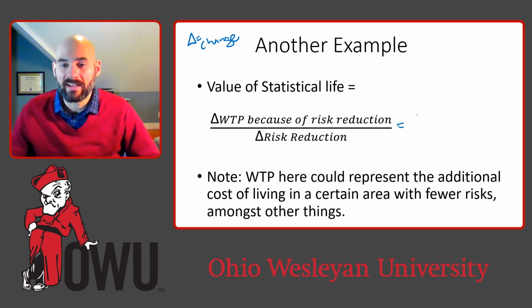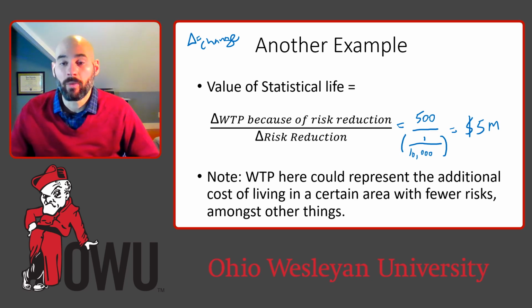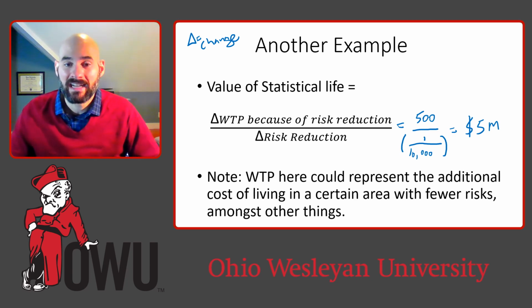So in this case, if that is $500 divided by, put this in parentheses, 1 over 10,000, that's just going to be 500 multiplied by 10,000, which should give us $5 million for the value of that one statistical life. Now that would be the case if that $500 is going to be the average throughout that population, which in the previous example was the same for everybody.